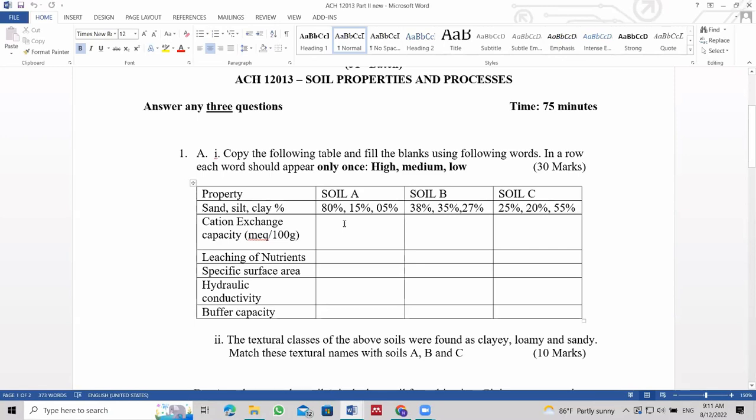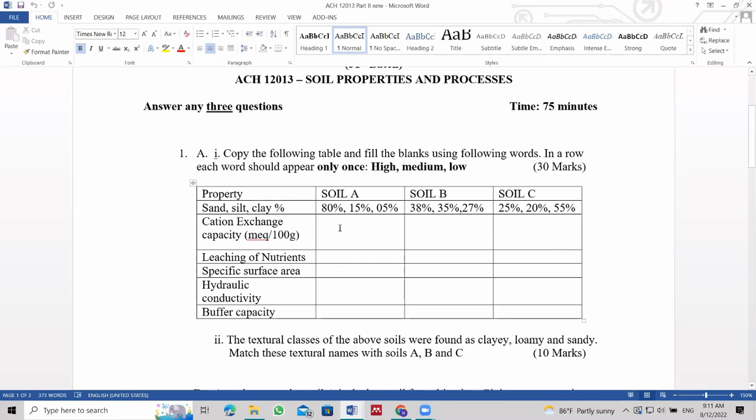Here, the texture data is given for soil A, B, and C, and cation exchange capacity using high, medium, low. You have to fill in. So that is very simple, if you understand what those are.